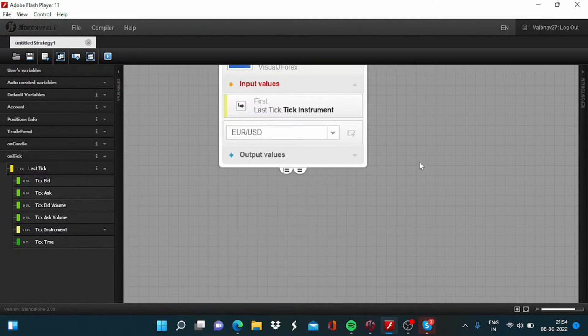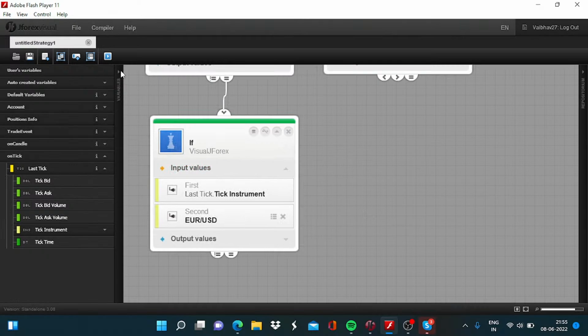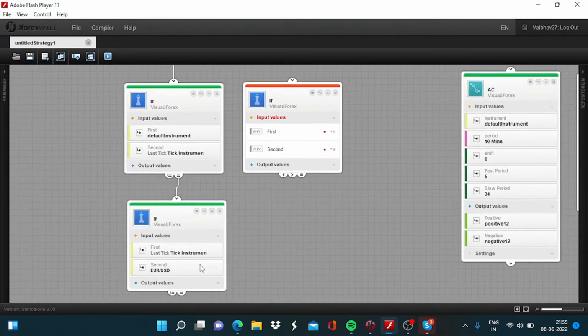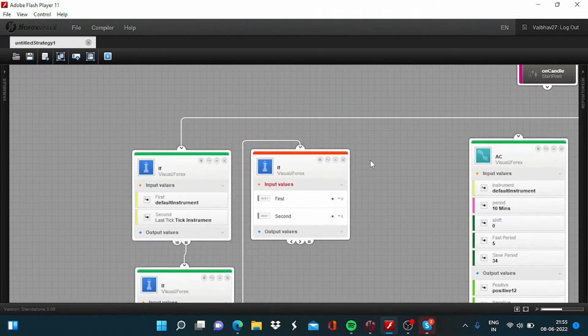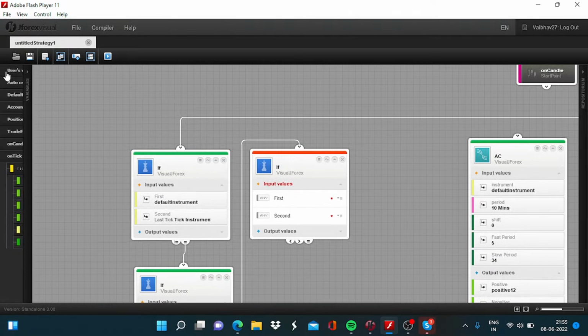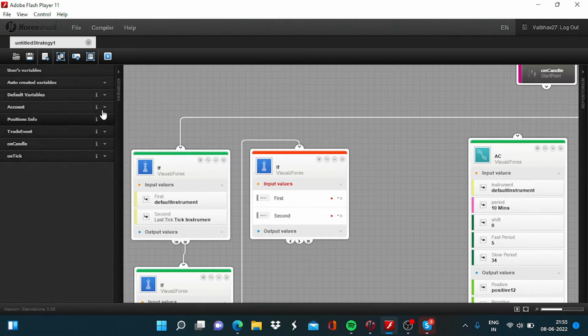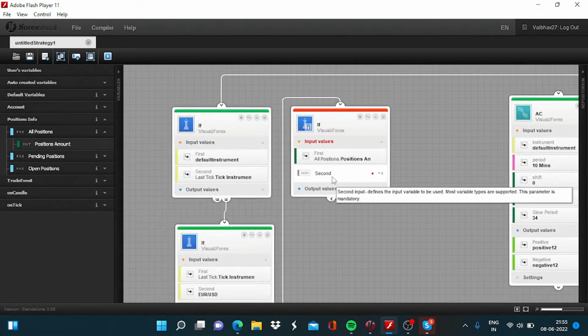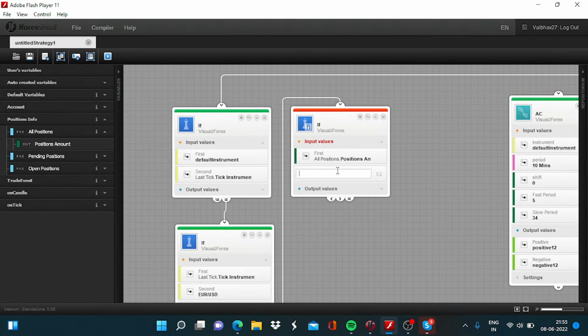Okay, here it is. Afterwards, the position amount needs to be equal to 0 to make sure there is no existing pending or open position on the account.